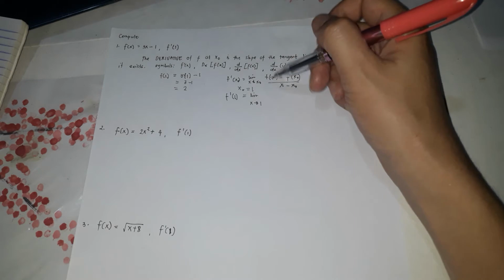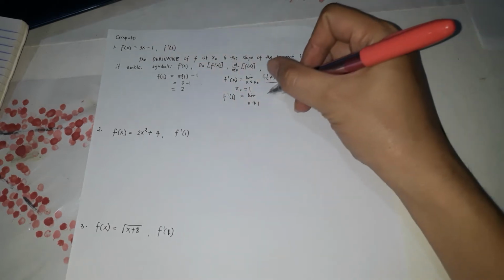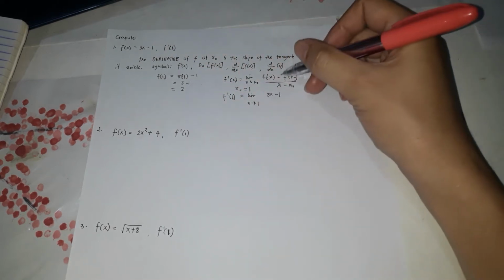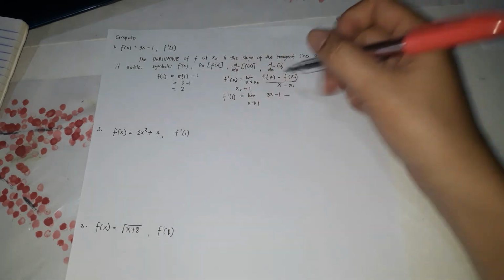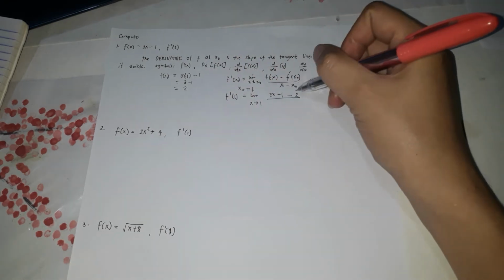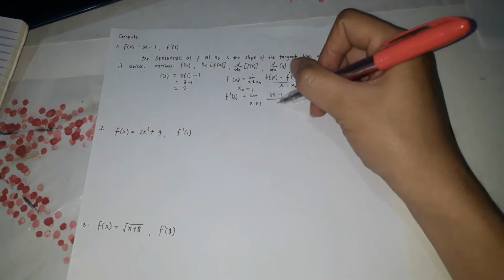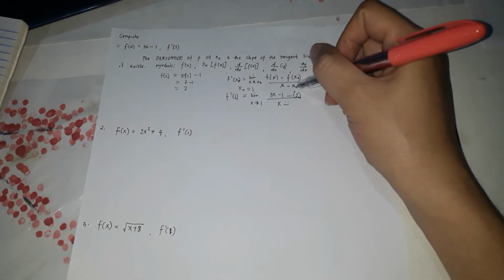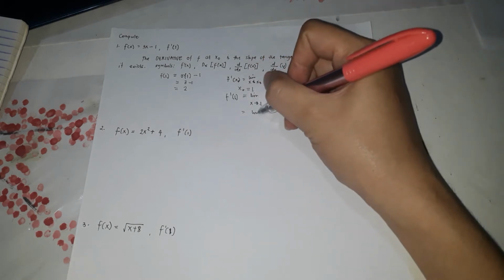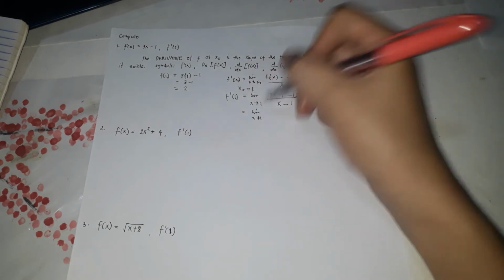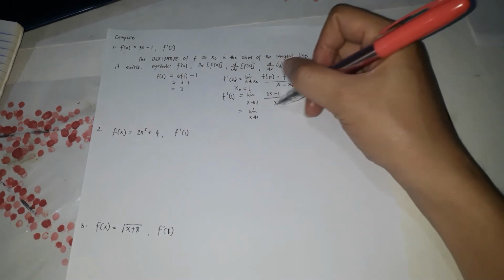For f of x, just copy the function. So 3x minus 1 minus f of x sub 0, which we got earlier, what we solved. Then x minus x sub 0 is 1. Next, what we're going to do is simplify this first.